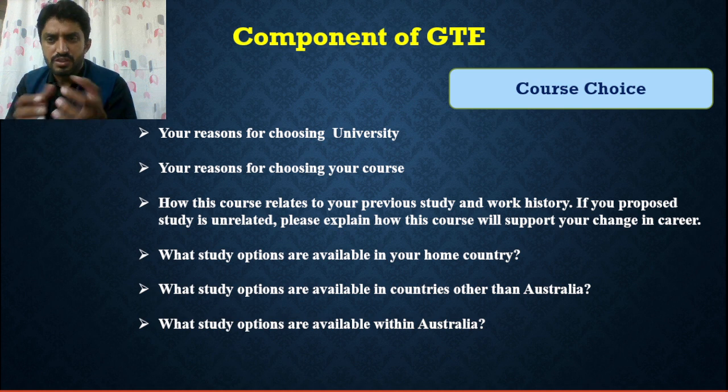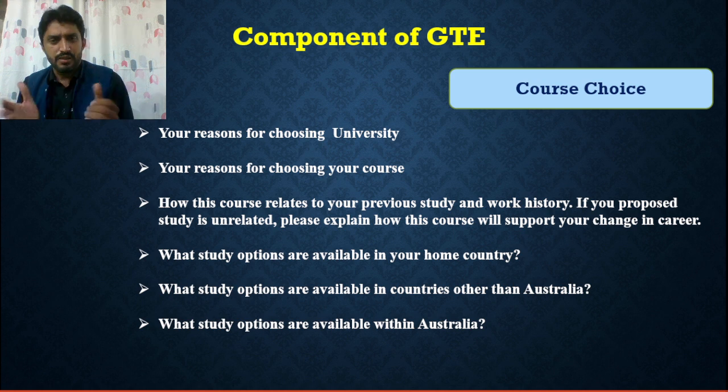If your proposed study is unrelated to your background, please explain how this course will support your change in career. The next question that you need to answer in this section is what study options are available in your home country? What study options are available in countries other than Australia? And what study options are available within Australia?